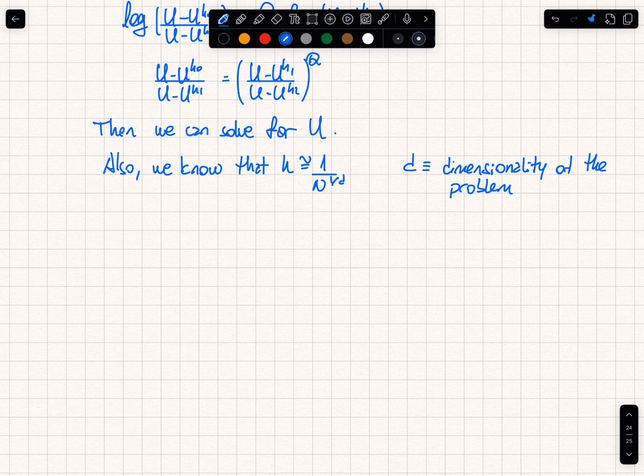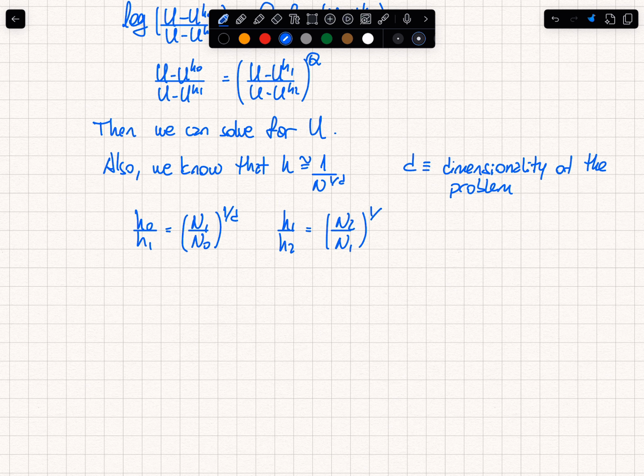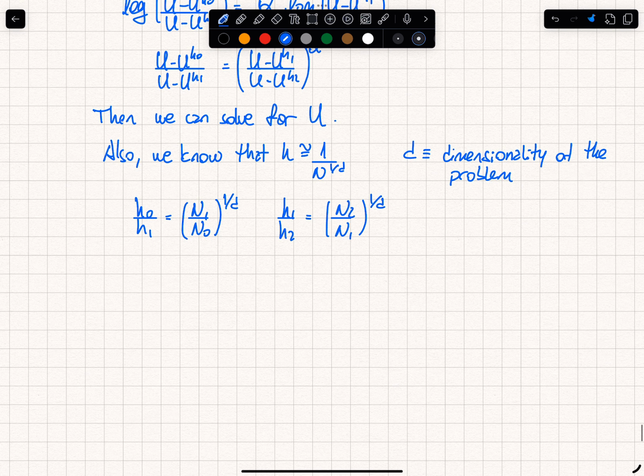Well, H0 divided by H1 is basically (N1 divided by N0) to the power of 1 divided by D. And the same thing we can do for H1 divided by H2, which is equal to (N2 divided by N1) to the power of 1 divided by D. So then our factor Q can also be computed as the ratio of things that we know, which is the total number of degrees of freedom.